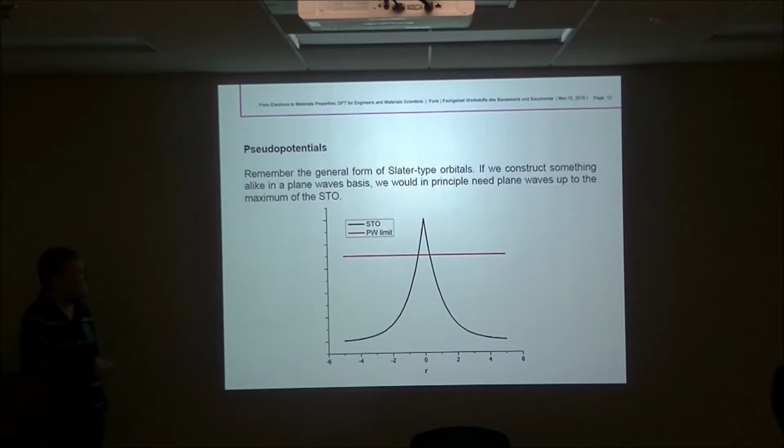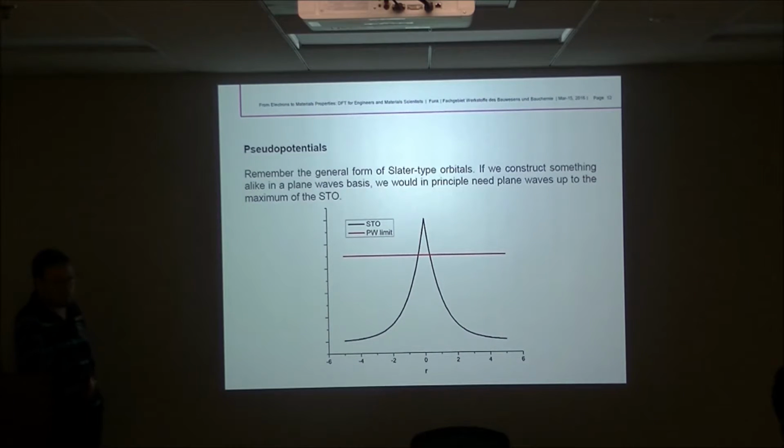Wherever an atom is, there must be something Slater-like. But if you want to construct something in the plane wave space, we have our cutoff of the plane waves. So here we have this cusp. We can go up to the maximum, but typically we do not need that much.